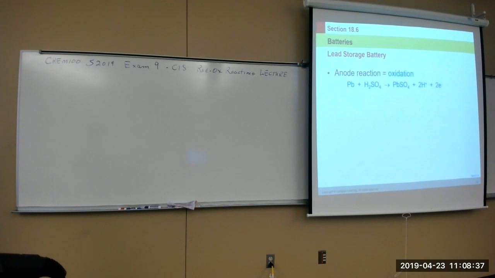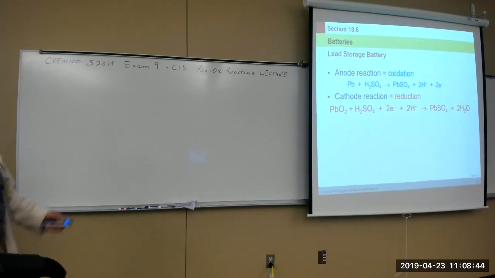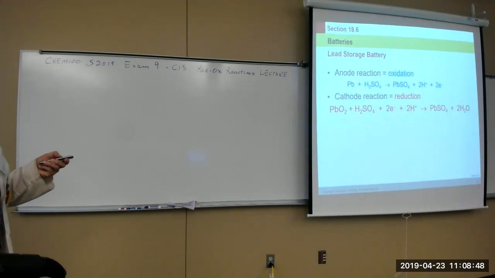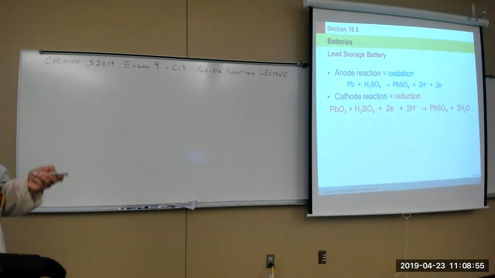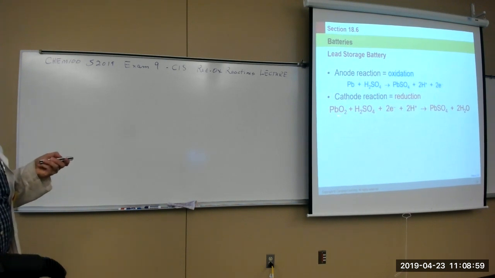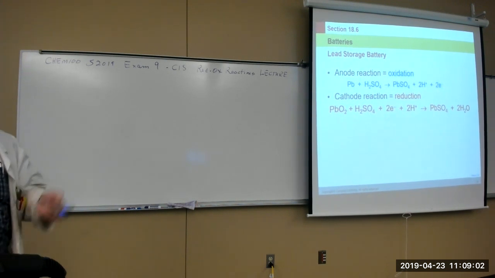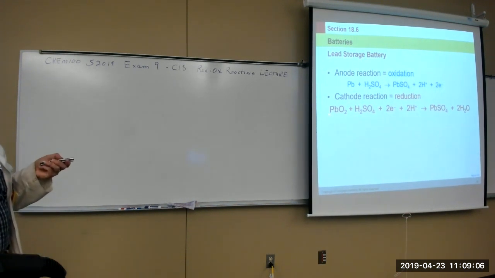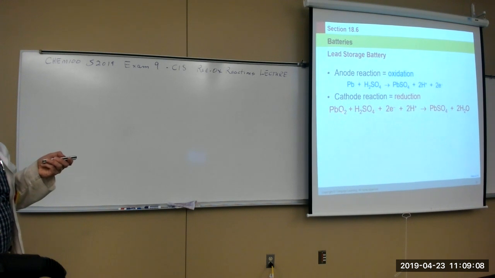This is a reaction that takes place in your lead acid battery under the hood of your car. This is the anode. The lead is being oxidized to lead 2+. It went from 0 to 2+ and gave up 2 electrons. The reduction side is the counterplate, the other plate in the battery, which is lead 4 oxide.